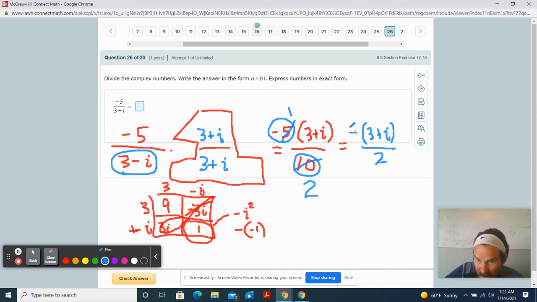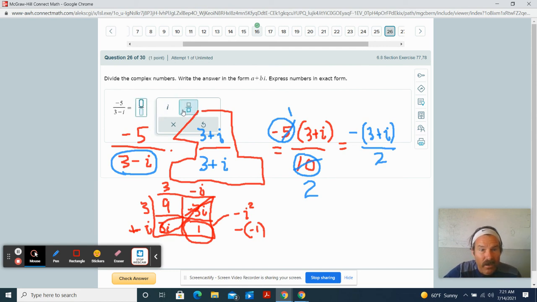Okay, now I don't believe you have to distribute that negative. I think when we click this box, we have this fraction tool here. So we can go negative, I can make the parentheses. Can't make parentheses. Okay, well, if I can't make parentheses, I'm going to go ahead and just distribute this negative. Negative 3.